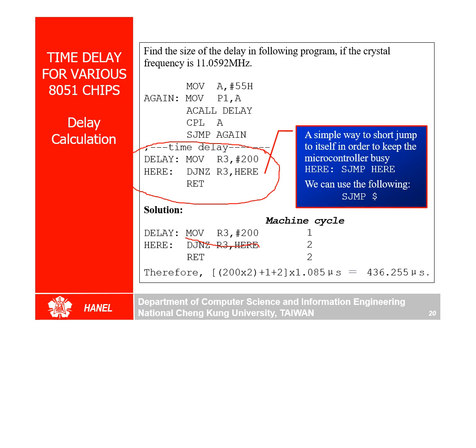So the total number of machine cycles in this program will be 200 multiplied by 2, plus 1 for the MOV executed one time, plus 2 for the instruction executed one time. So it is 403 multiplied by 1.085 microsecond, the machine cycle in microsecond. So you got 436.255 microsecond.